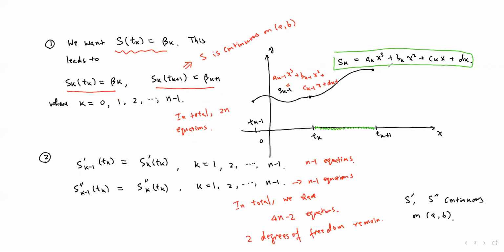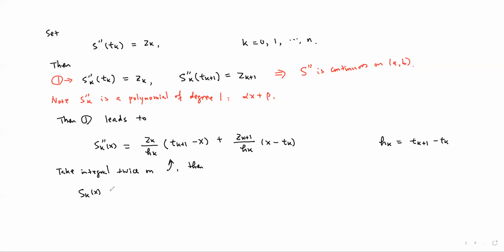Then we have S_k. I want to find S_k. Then S_k is c_k over 6h_k times (t_{k+1} minus x) to the third, plus c_{k+1} over 6h_k times (x minus t_k) to the third, and then C. Take the integral once, we have an arbitrary constant in the resulting expression.